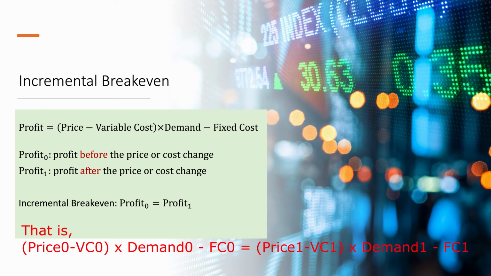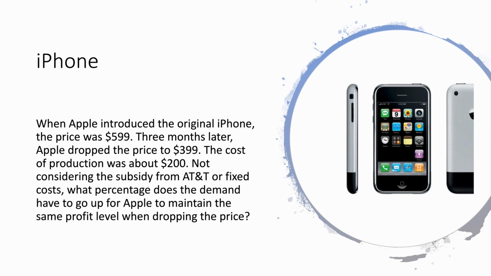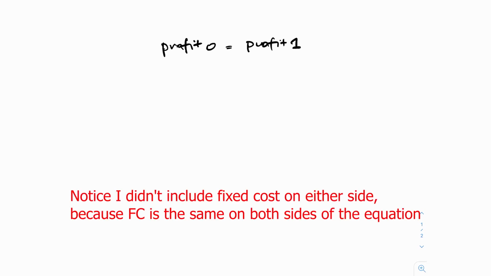Now let's apply this calculation to the example that we have talked about. So the calculation goes like this. First, we want to introduce a scenario where profit 0, the profit before the price change, equals profit 1, the profit after the price change for iPhone 1. And in this case, because there's no fixed cost change, we don't have to calculate that part.